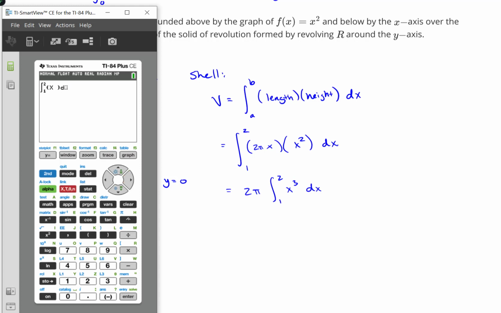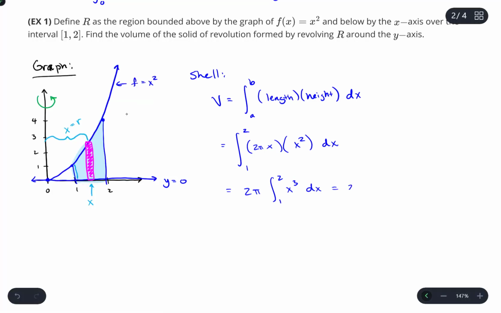All right, so this is x cubed dx. And change that into a fraction. We get 15 fourths, so this would be 2 pi times 15 fourths. And that leaves me with 15 pi over 2.